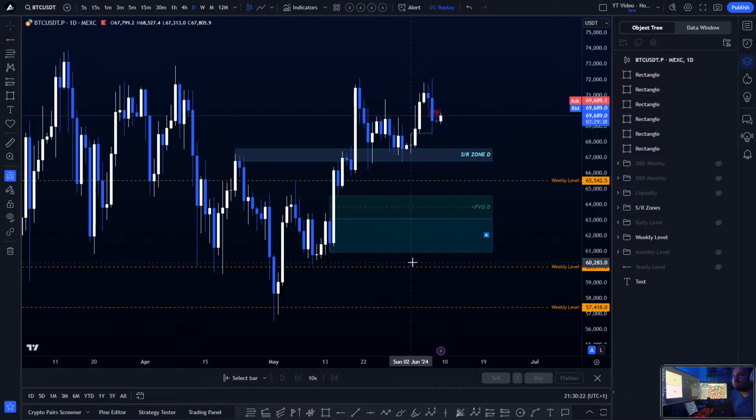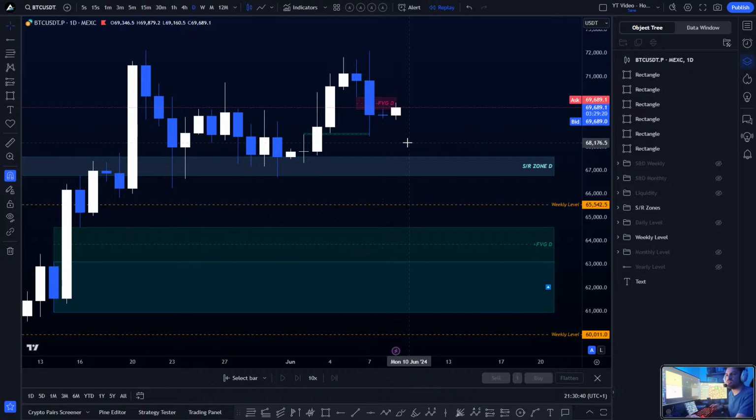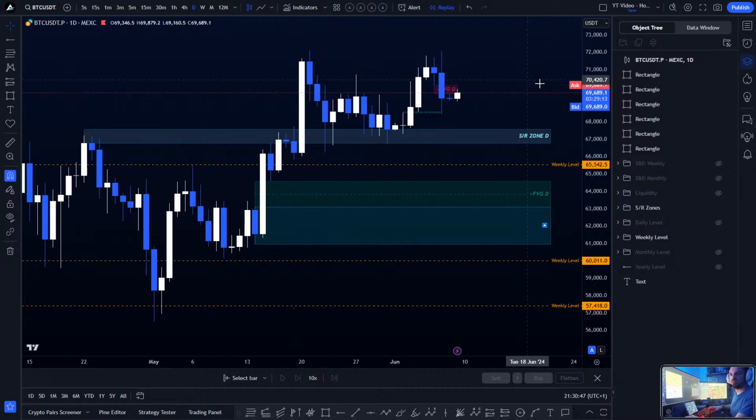So if we focus on bigger ones, we not only have better risk to rewards, but it also kind of filters out the possible noise. So on the daily, I don't think I would mark out anything else, because this one is already proving to be somewhat tough. And I think that maybe on the 4 hour we're gonna have something more interesting.